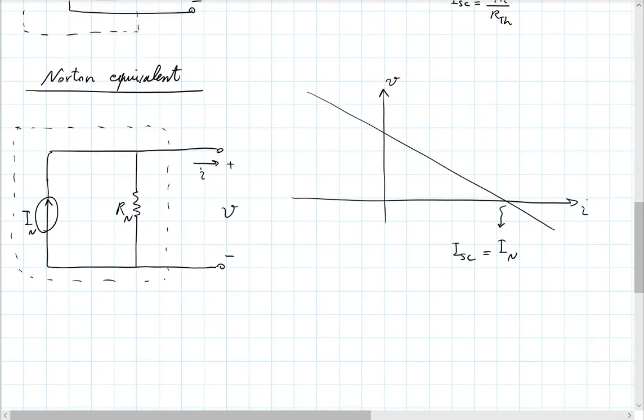And your open circuit voltage, so if you don't have anything connected here, all you're doing is looking at the voltage between those two points, which means you have a voltmeter. Well, the entire current goes through the resistor, so you have R_N I_N as your open circuit voltage.